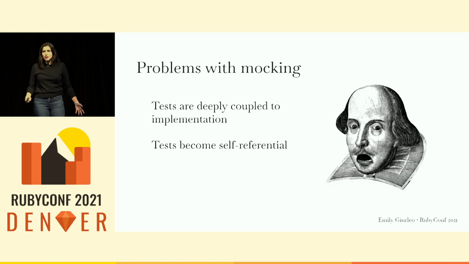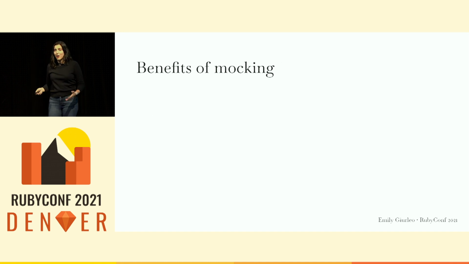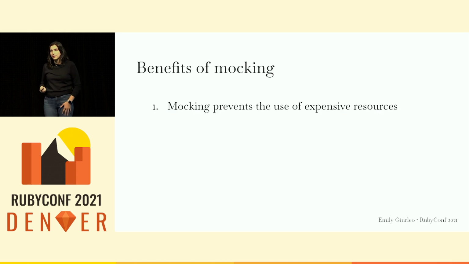However, not all hope is lost. I think mocking does actually come with a few benefits, a few scenarios where it can add real value to our tests. And I've identified 3 of those scenarios that I want to talk to you about today. The first is that mocking can help us prevent the use of expensive resources in our tests.